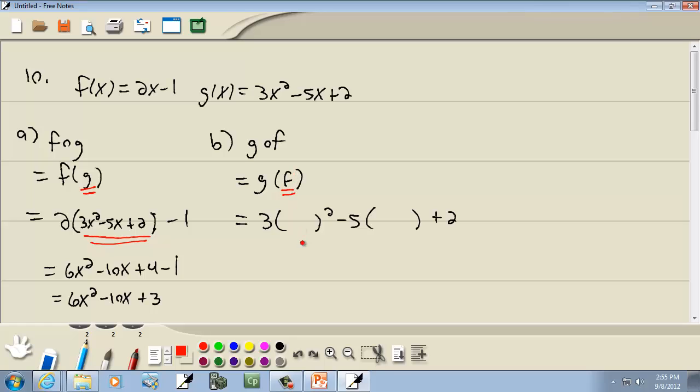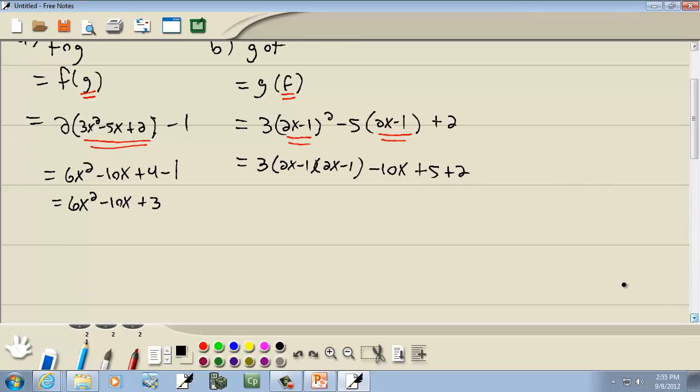Whatever's inside this parentheses is what we're going to plug in right here, which is f, but f is 2x minus 1. So we'll put 2x minus 1 in there. Now 2x minus 1 squared, we have to rewrite as 2x minus 1 times 2x minus 1. Here we use the distributive property. Negative 5 times 2x gives us negative 10x. Negative 5 times negative 1 is a positive 5. Plus 2.